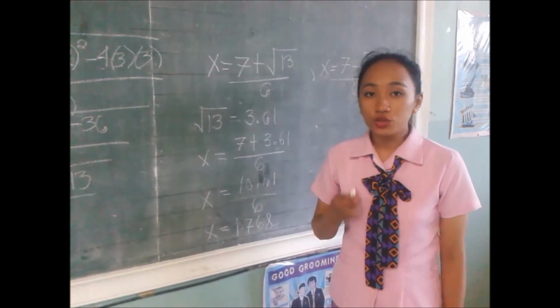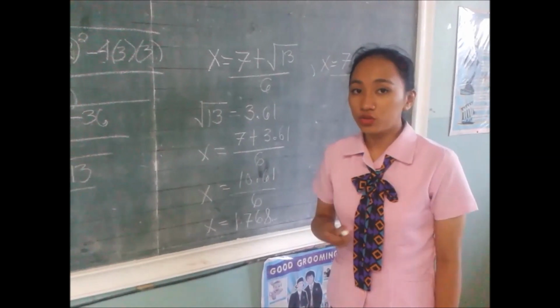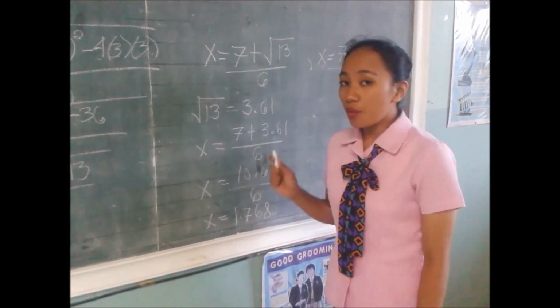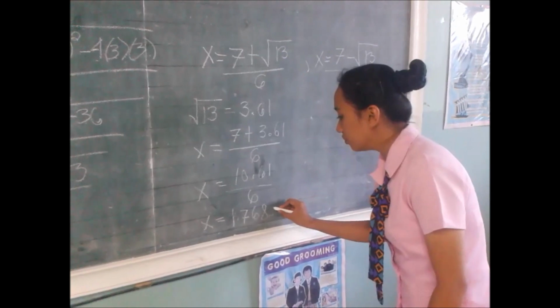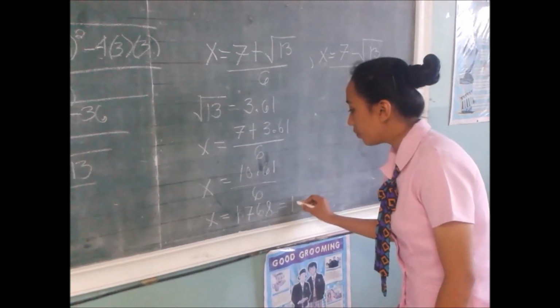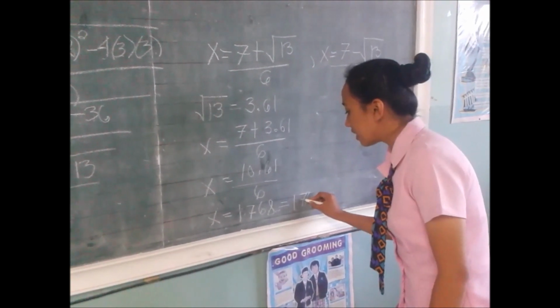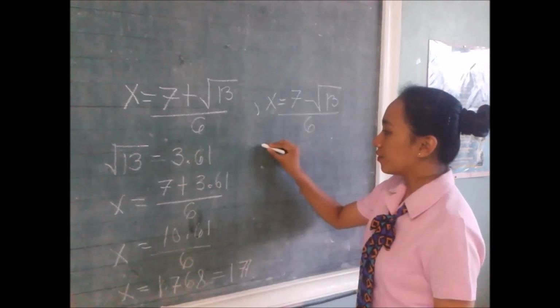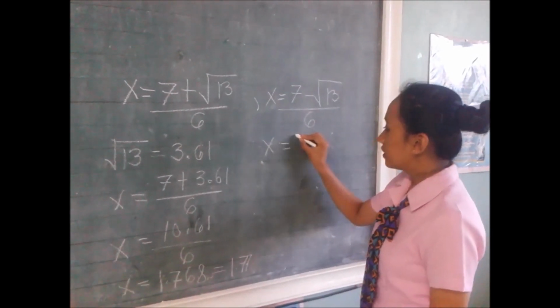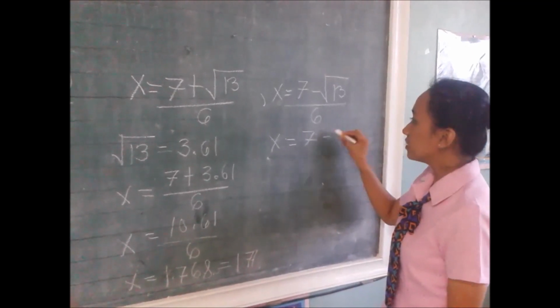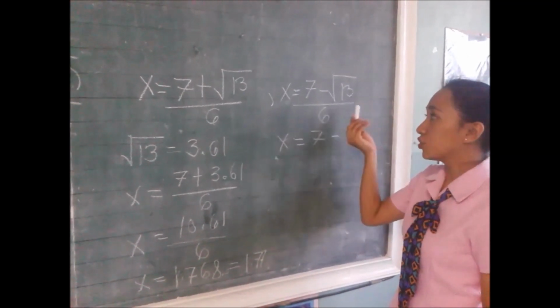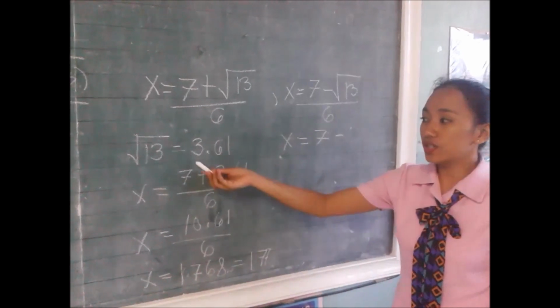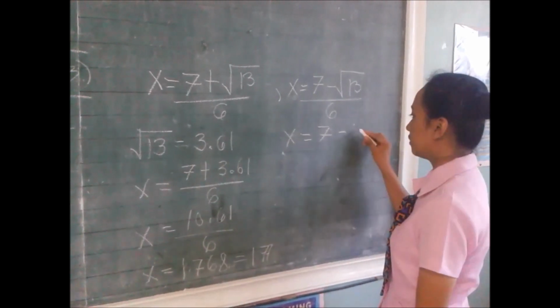Since we need to round it off to 2 decimal places, our x now is equal to 1.77. For the next value of x, we have 7 minus, let us also substitute the value of the square root of 13, which is 3.61.